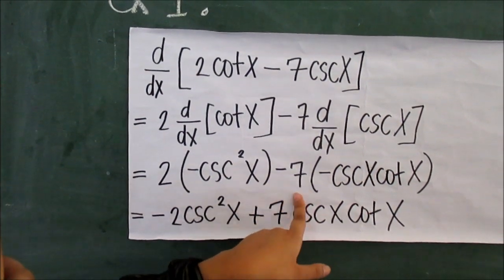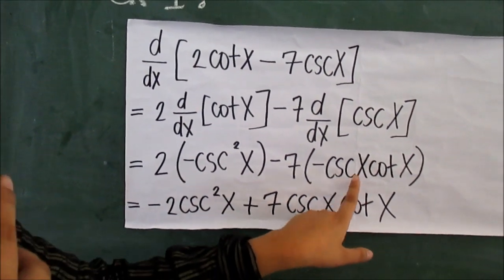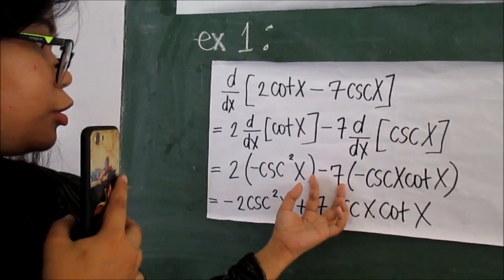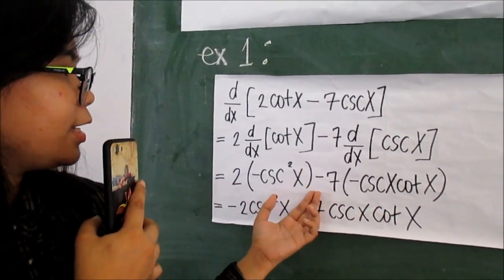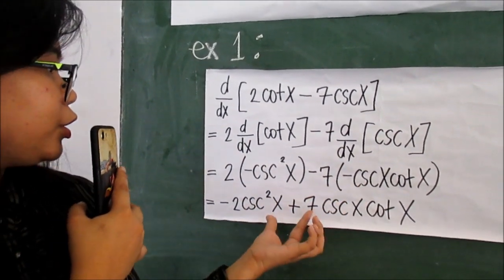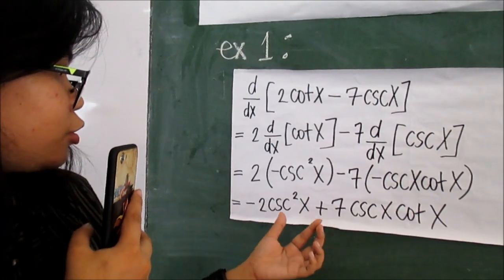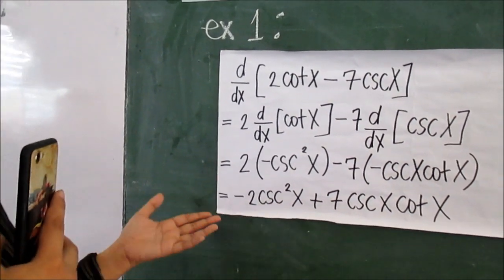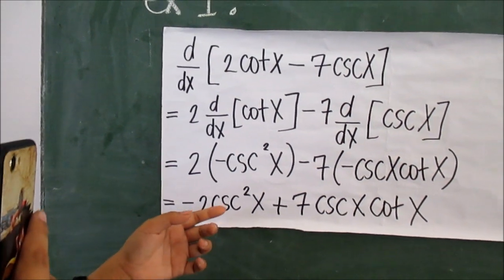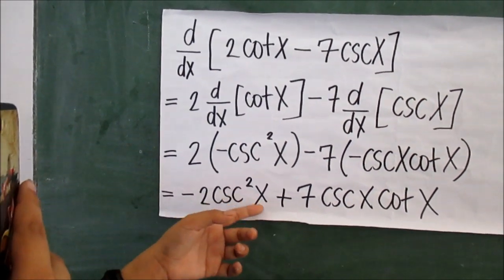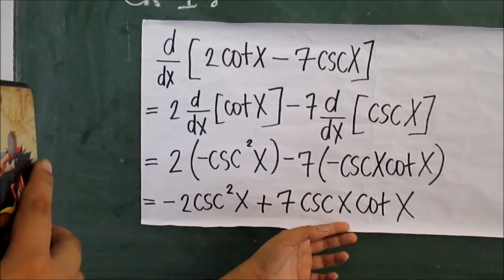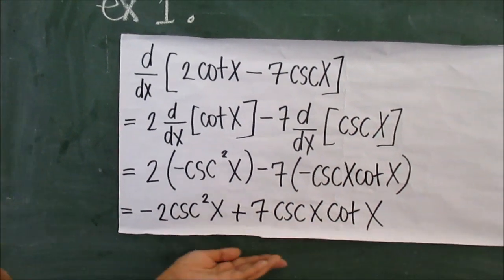And negative 7 times negative cosecant x cotangent x is equals to, since it is a negative times negative, we are going to change it into positive. So the result will be negative 2 cosecant squared x plus 7 cosecant x cotangent x, and that is the final answer.